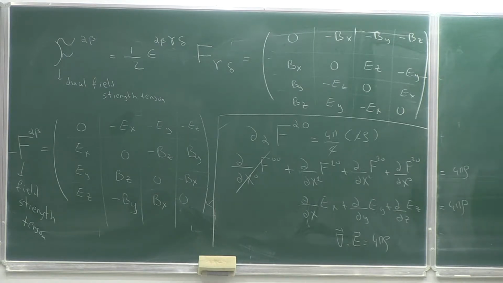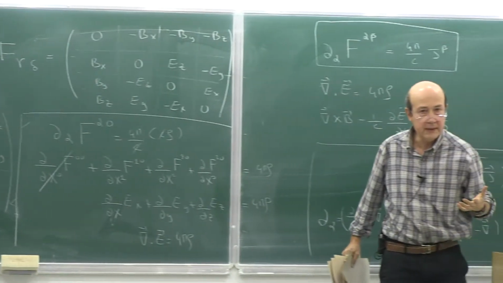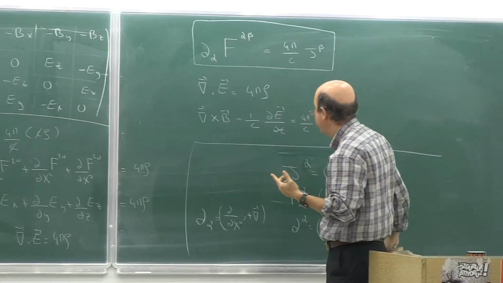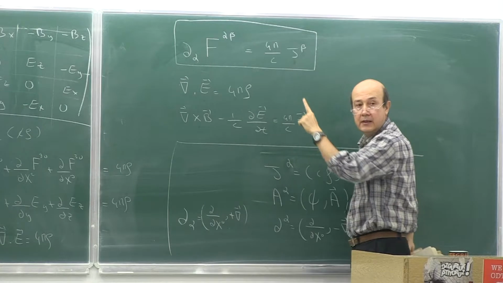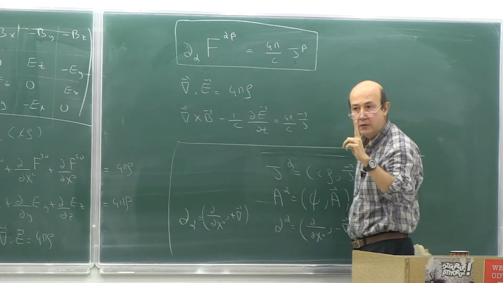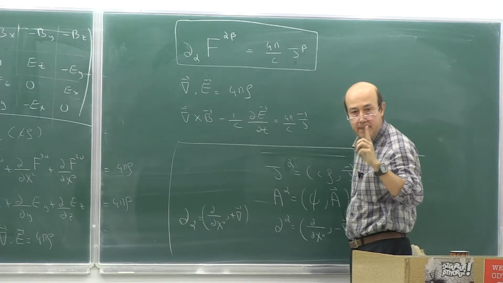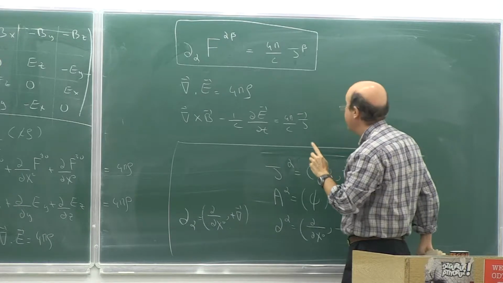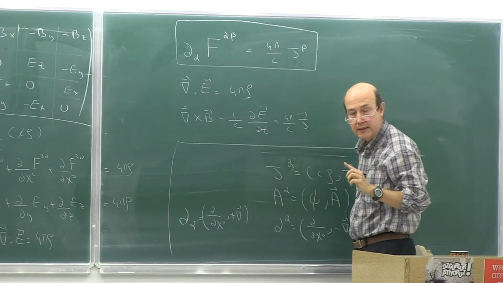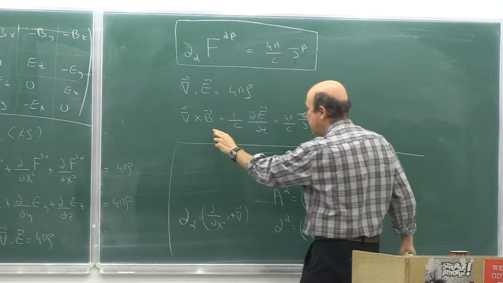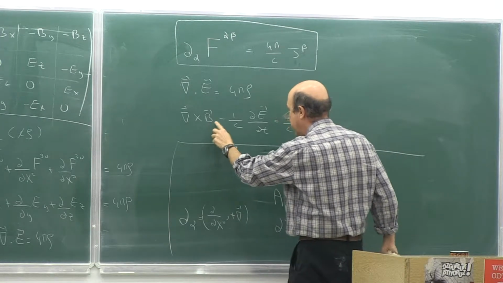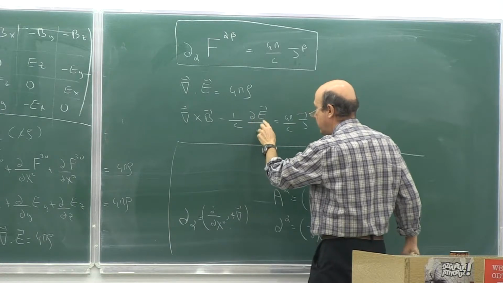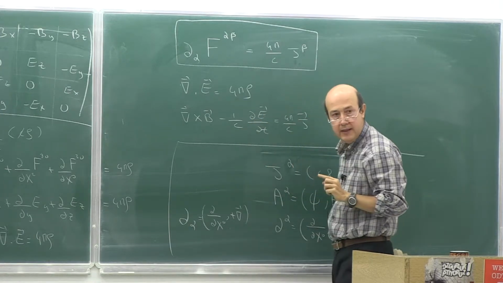If you do for beta equal to 1, what are you going to obtain? For beta equal to 1, J will be what? X component of the current density, and you will see that the X component of the curl of B minus 1 over c del E_x over del t.